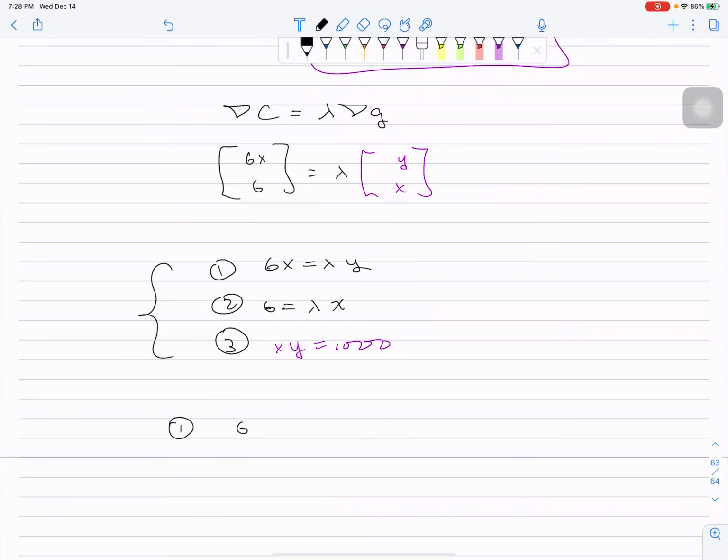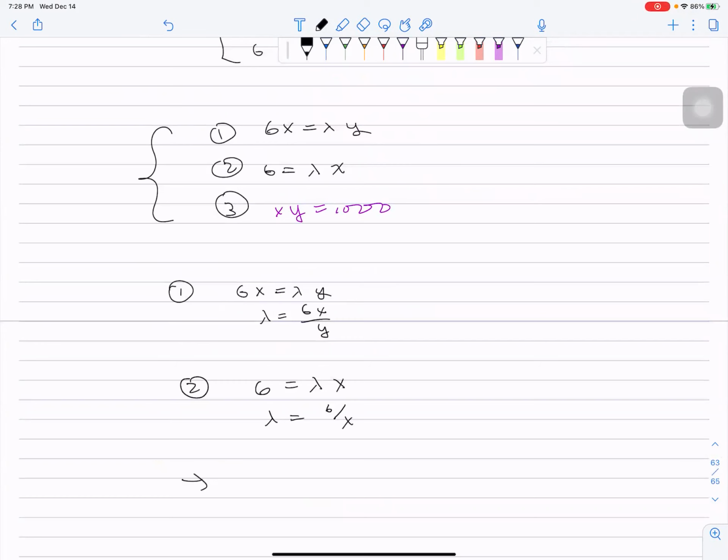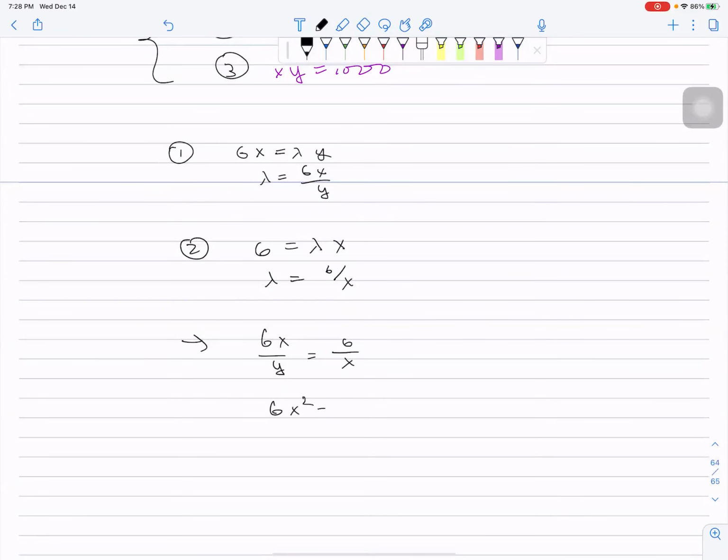I can work with these and manipulate them. From the first one, I get lambda is 6x over y. From the second equation, I have 6 equals lambda x, so let me solve for lambda. I can set the lambdas equal to each other. So 6x over y equals 6 over x. I can solve: 6x squared equals 6y, so y equals x squared.